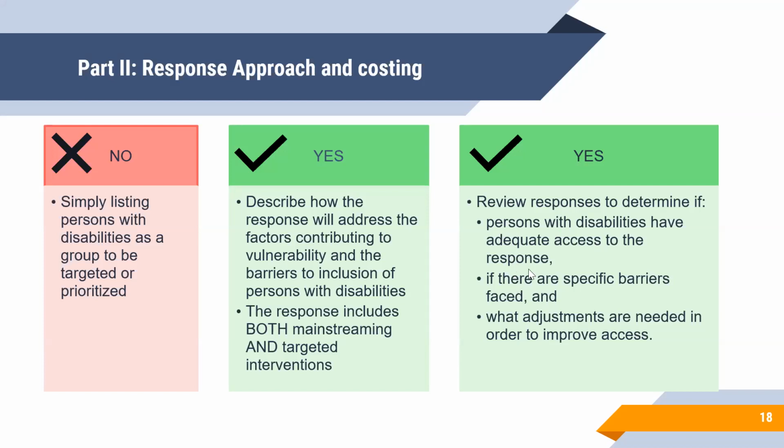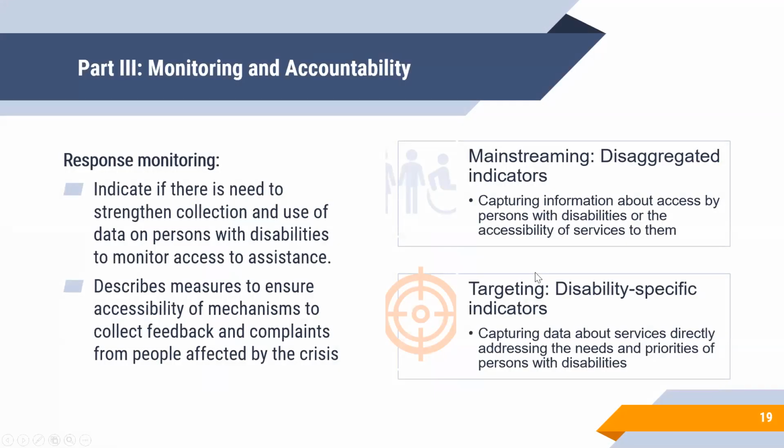And following a twin track approach, that could be, in terms of mainstreaming, improving accessibility of reporting mechanisms. And in terms of targeted actions, it could be targeted outreach to persons with disabilities through local DPOs, for example.